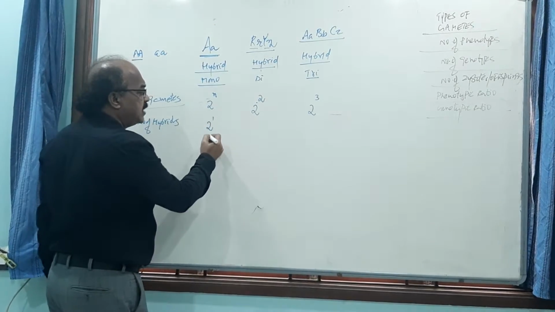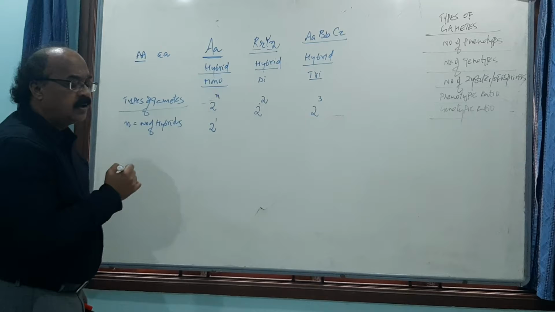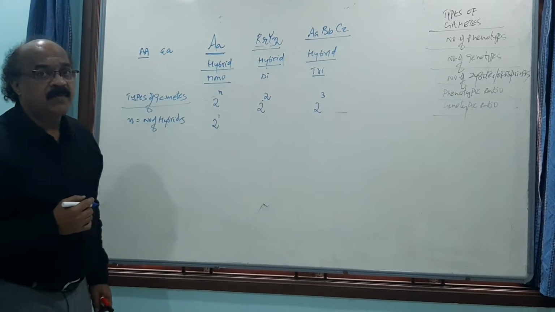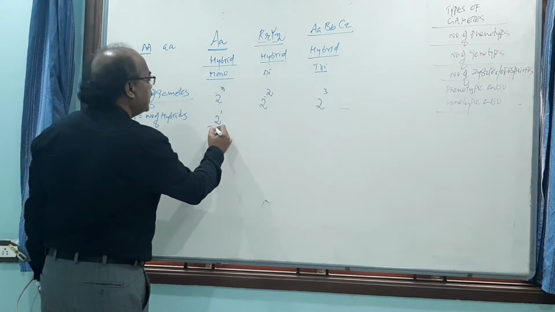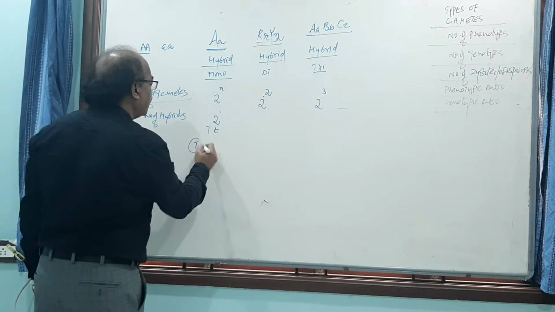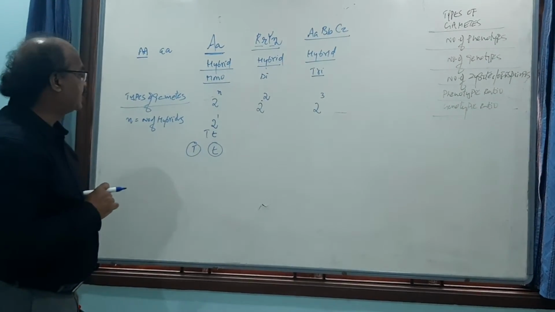Here you are getting only two gametes. Just recollect the monohybrid cross. In the monohybrid cross, capital T, small t, you are getting a capital T gamete and a small t gamete. Two gametes.